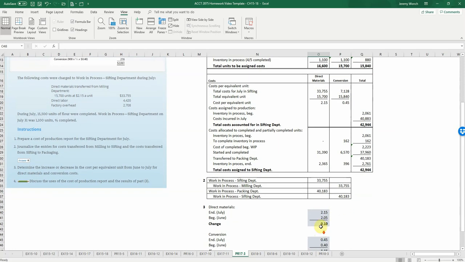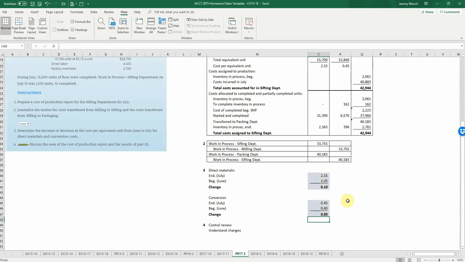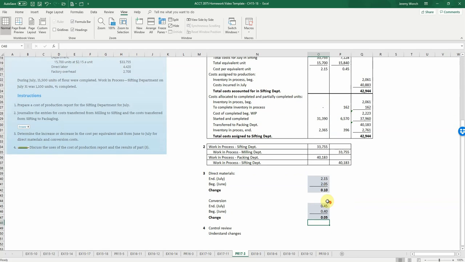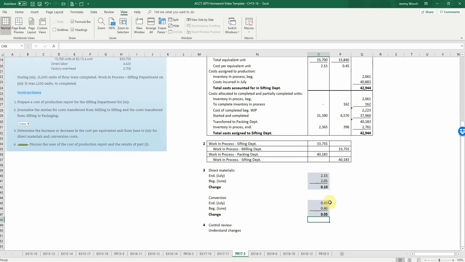And so anytime we have changes in cost month to month, we want to understand why those costs change. And it might be something really simple like, hey, the direct material costs that we purchased went up. But it could be a sign of efficiency issues. Cost went up. Maybe we're not being quite as efficient in our process. Maybe there was something that went wrong.